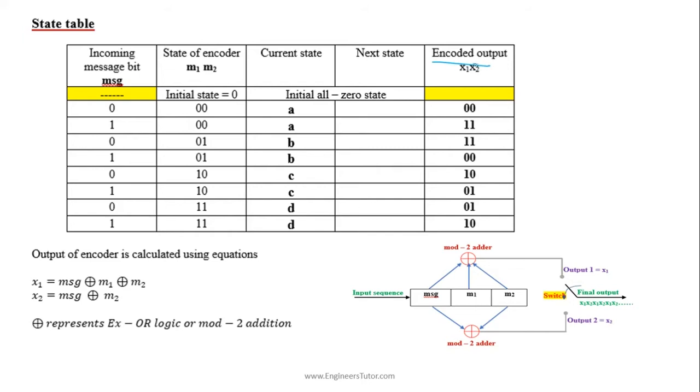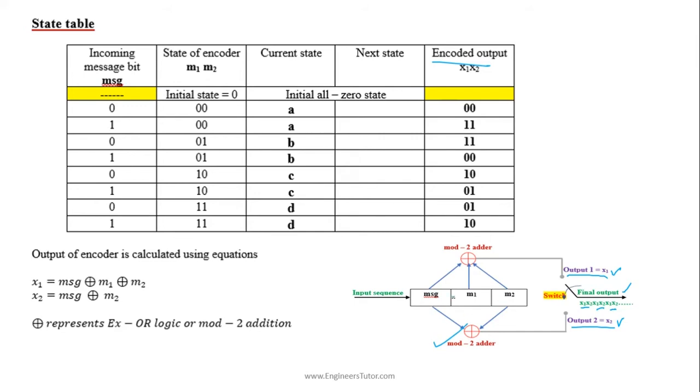Now find the output of the encoder. The given encoder has 2 outputs. Output 1 we represent as x1, output 2 as x2, and the final output is x1 x2 x1 x2 x1 x2 and so on, because the switch moves between output 1 and output 2 to produce the final output.